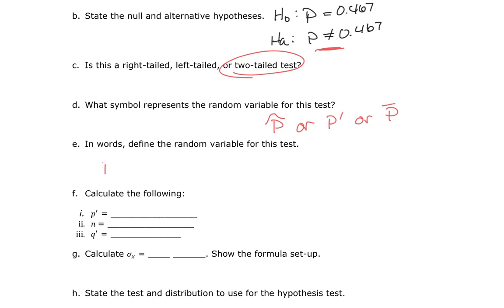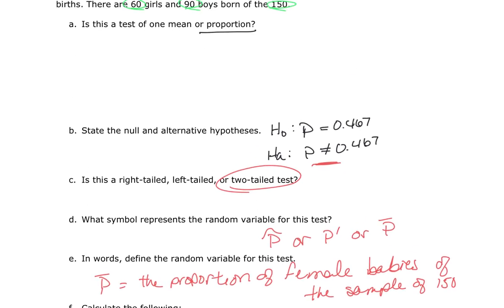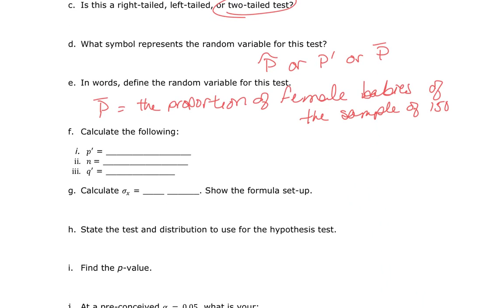Well, this is p hat or p bar, whichever one you want to use, is the proportion of female babies of the sample of 150. So what is my p prime? Well, my p prime is just going to be whatever that proportion is. If I look back up, it is 60 girls. So this is 60 divided by 150, which gives me 0.4.